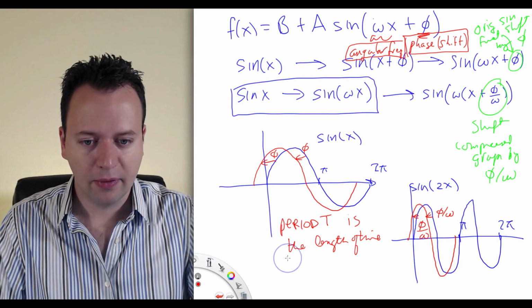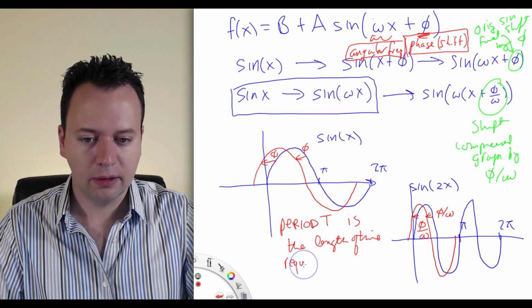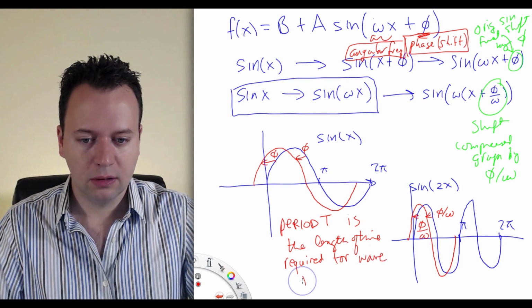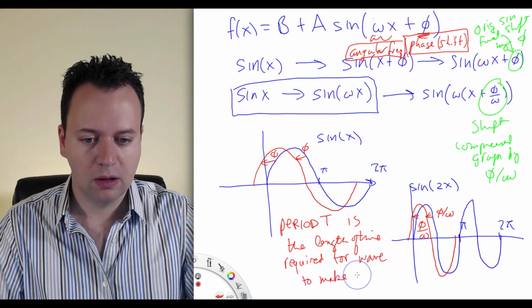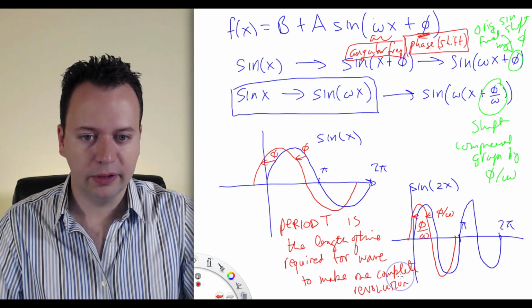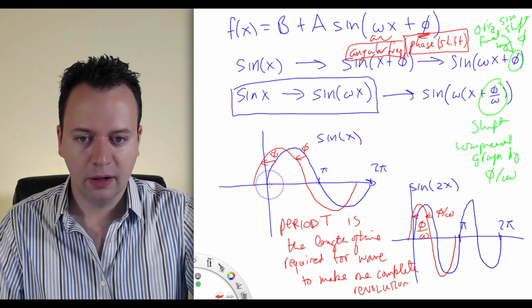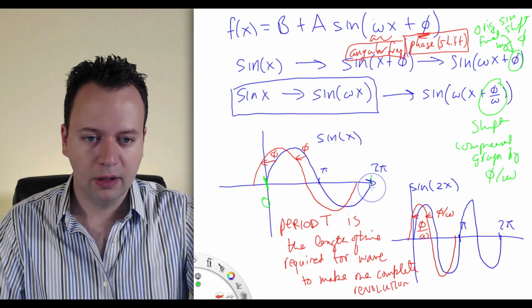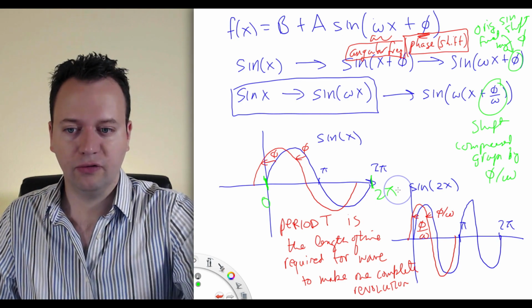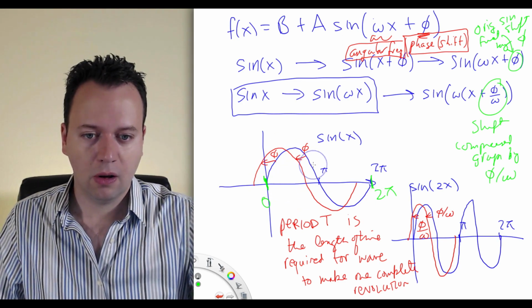It's the length required for the wave to make one complete revolution. In other words, it's the amount of time required to go from 0 to 2 pi on the uncompressed picture.